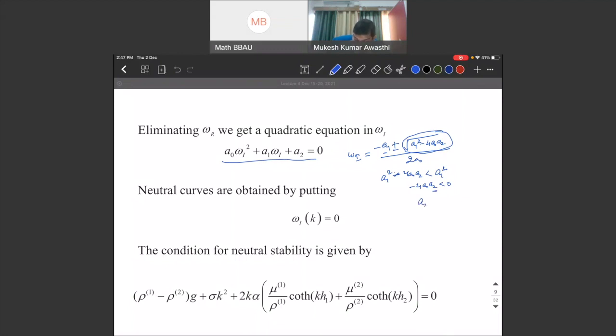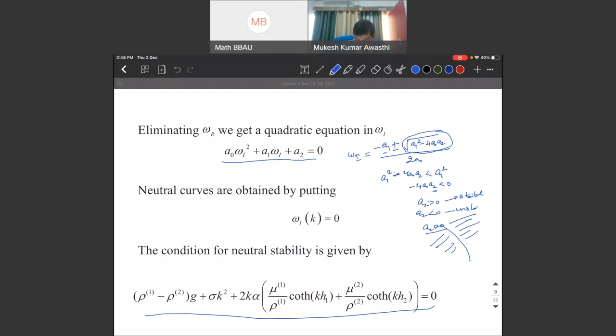So a2 greater than 0 will be stable and a2 less than 0 will be unstable. Means the a2 equal to 0 is the locus, so the upper region will be stable region and the lower region will be unstable region. Now for the neutral stability, a2 will be 0, so we have taken this one as 0.